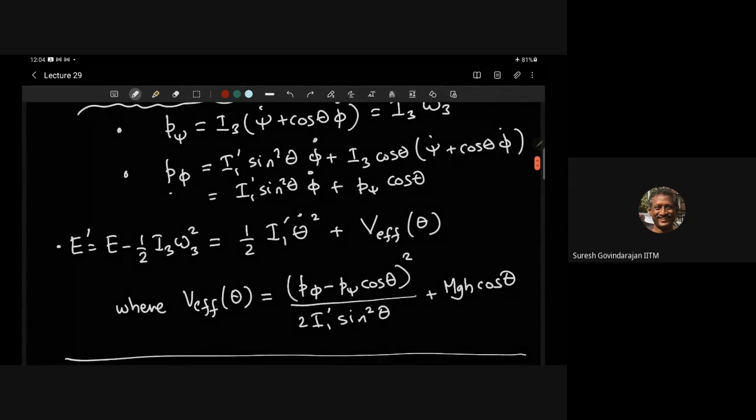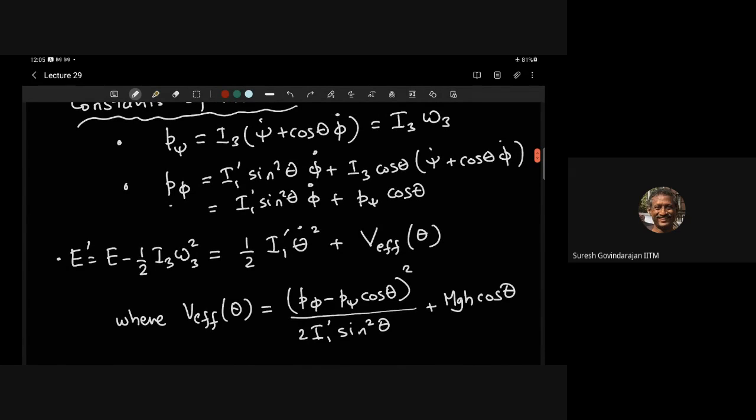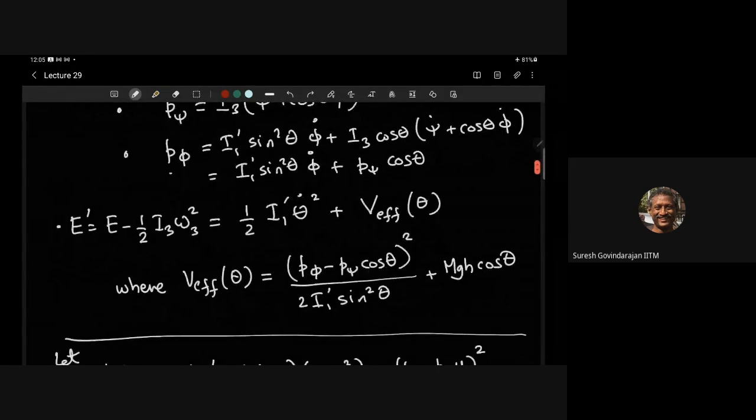We also defined energy, but we subtracted out a boring constant, in the sense that omega 3 is fixed by initial conditions. So we got an effective one-dimensional problem after we eliminated theta dot and phi dot using p psi and p phi, and we got this V effective.